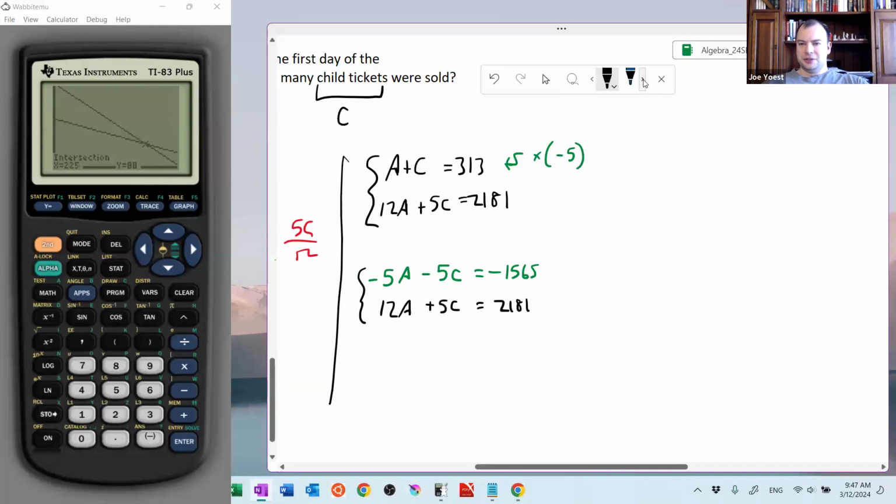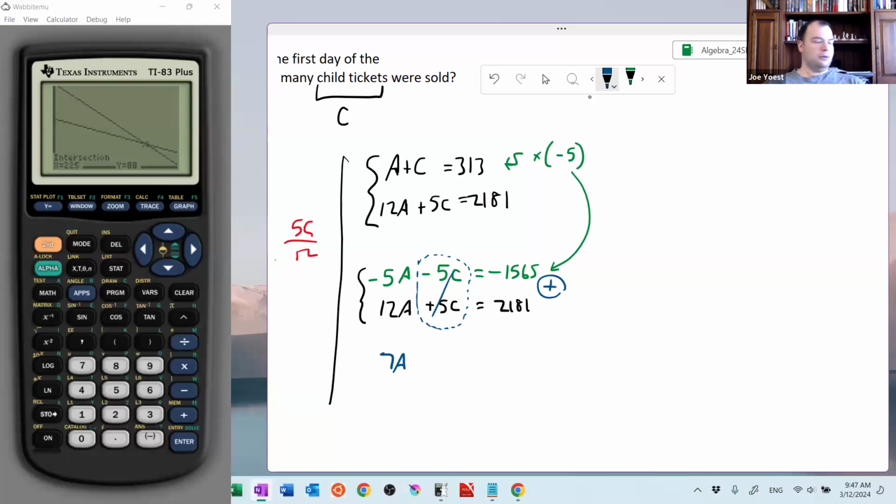And I see that by transforming this first equation, I now have a plus 5c and a minus 5c. When I add these two together, when I just add straight down the columns, that plus 5c and minus 5c go away. So I get 12a plus -5a is 7a.